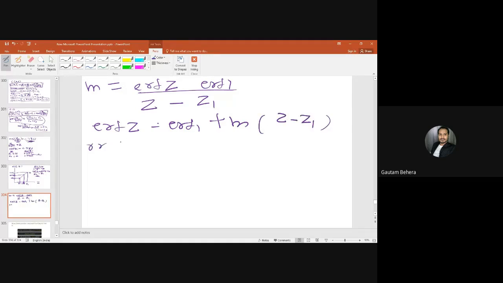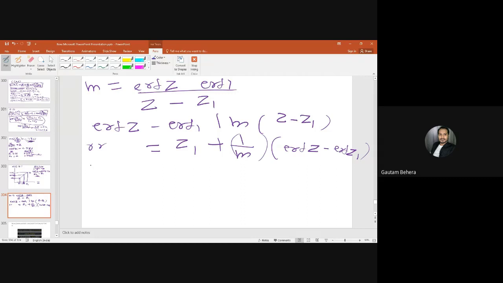Or I can write simply Z is equal to Z1 plus 1 by M times error function of Z minus error function of 1. It is okay up to this?